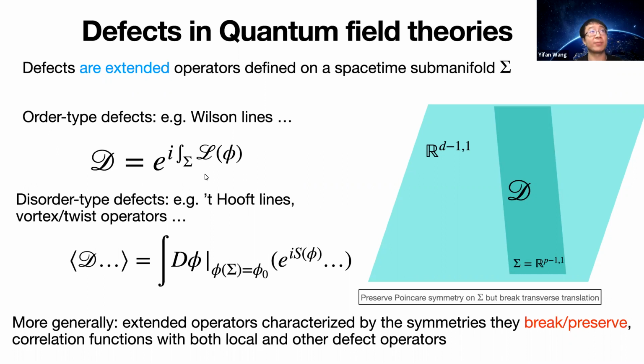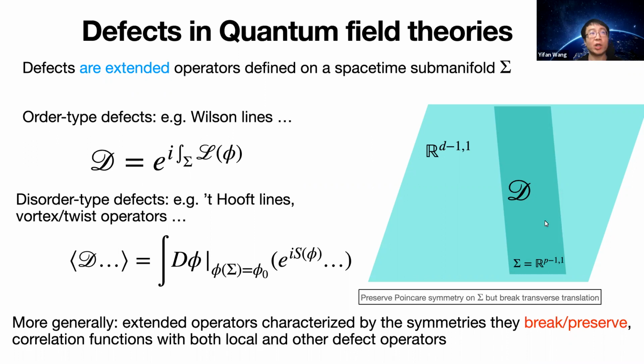P-dimensional in this case. There are also disorder type defects, which may be somewhat less familiar. They include, for example, the 't Hooft lines and more generally some twist operators. These operators are defined by modifying the path integral, by imposing some boundary condition of the bulk fields at this defect world volume sigma.